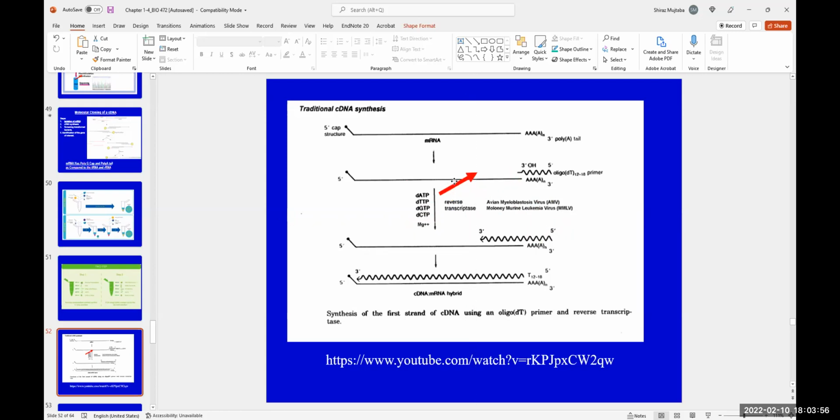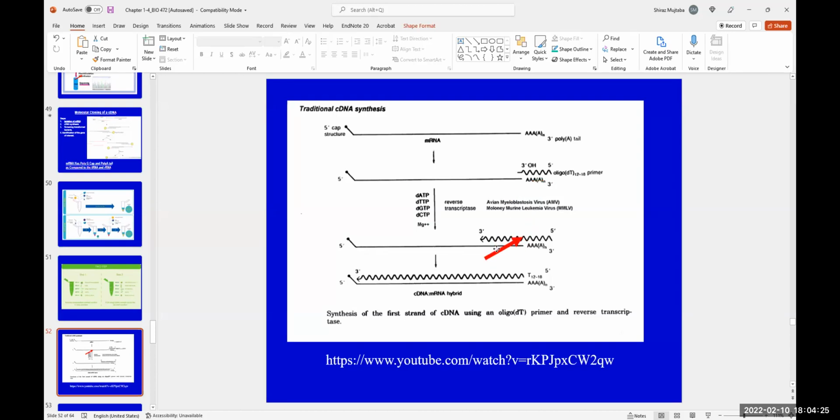Now what we do here, we need to synthesize the hybrid DNA, right? Hybrid to this mRNA. So we need the building blocks, dATP, dTTP, dGTP, dCTP, and we need a cofactor, magnesium. With all these, we also need oligo dT, that I showed you, and this oligo dT binds to the 3' end of the mRNA.